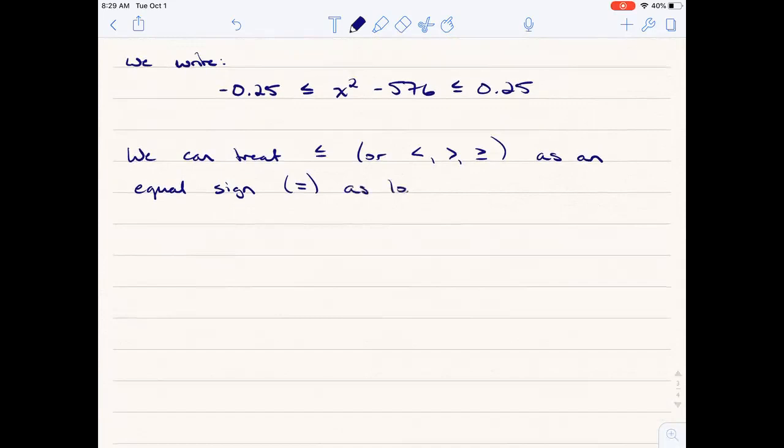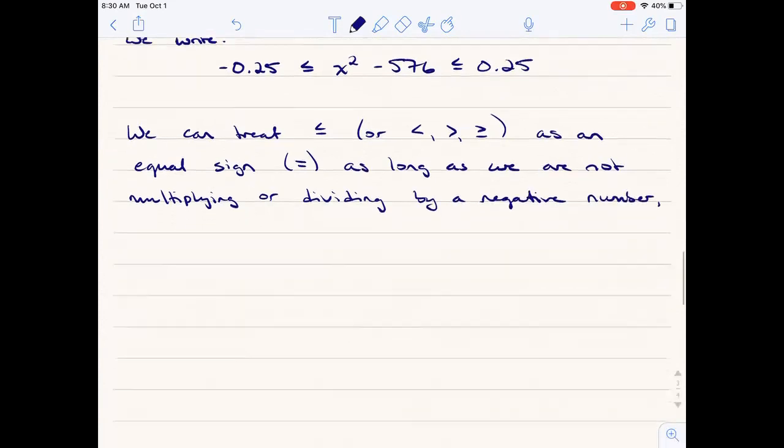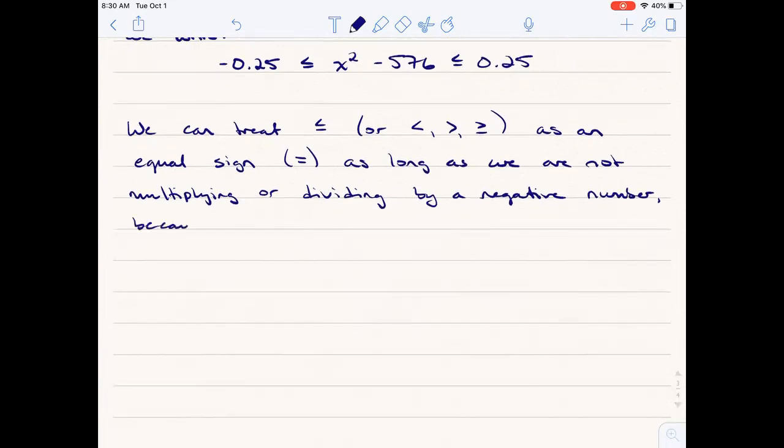as long as we are not multiplying or dividing by a negative number, because in that case, we must flip the inequality.